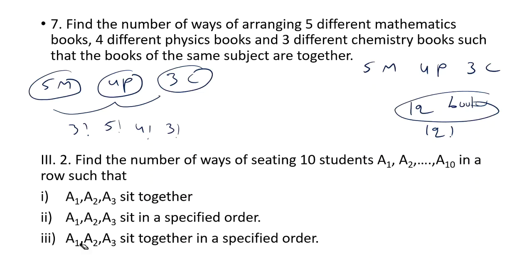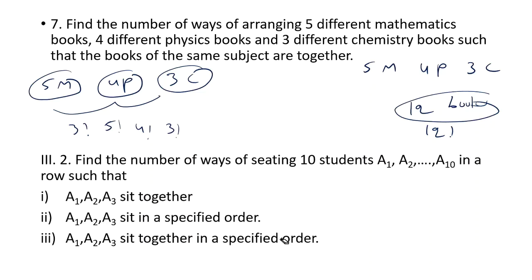So first of all, you have to understand the difference between these 3. I think the first one is clear for you. A1, A2, A3 sit together. Now the second one is A1, A2, A3 sit in a specific order. In this lecture we have discussed specific order, so I think the second statement is also clear for you. Now the third statement: A1, A2, A3 sit together in a specific order.